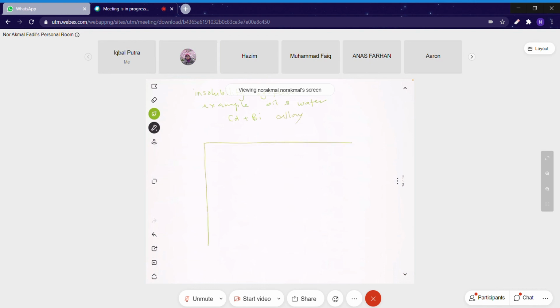So basically, this is the phase diagram for these elements. We have cadmium, bismuth. All right, so this is liquid. This is the increase of weight percentage of bismuth from left to the right. Now, can you guess what are the phases in A, B, and C?